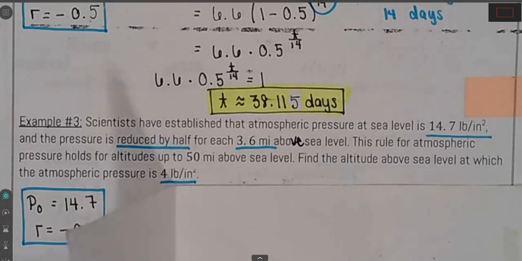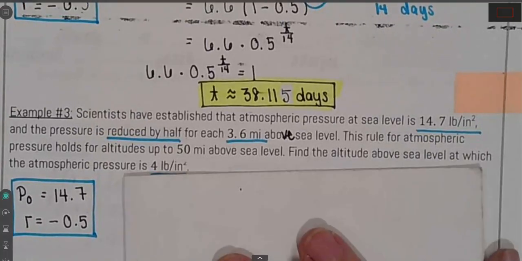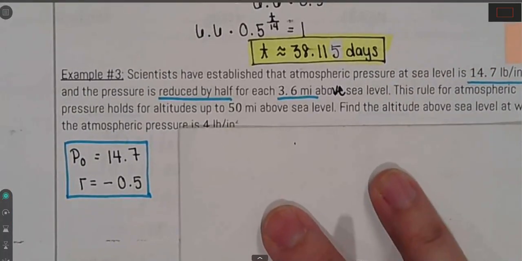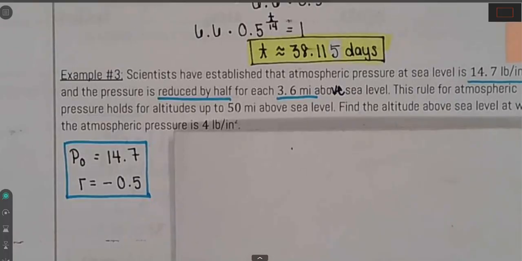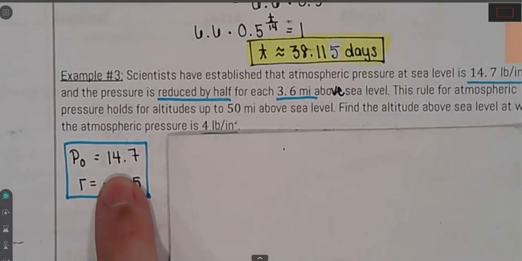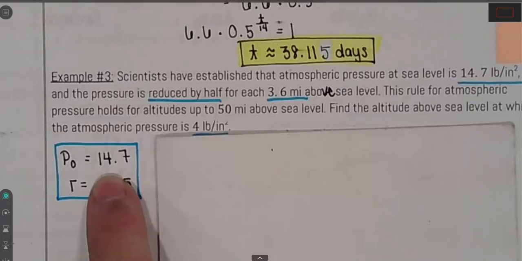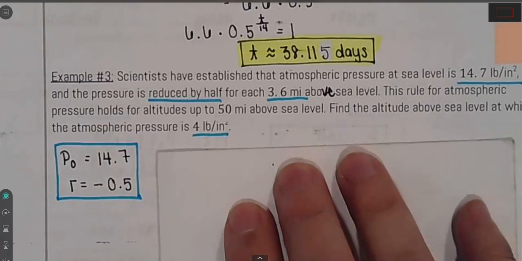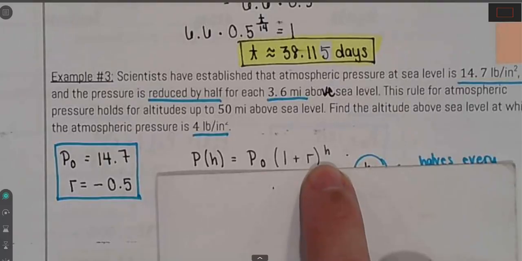Okay, so we're going to use the same equation. At sea level, it is 14.7 pounds per square inch, and it is reduced by half for each 3.6 miles above sea level. In my equation, I used h instead of t since we're dealing with rising height above sea level.